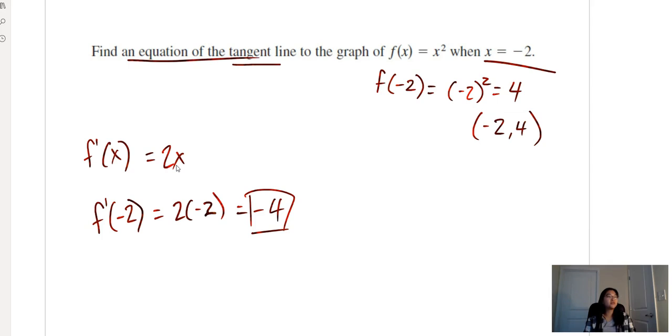We need an equation of a tangent line. So what is the equation of that tangent line? I think it's y minus 4 equals negative 4 times x plus 2. If you want to do more than that, that's nice, but I'm not going to.